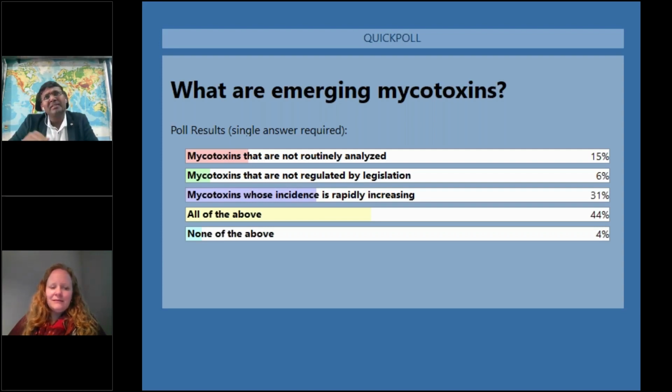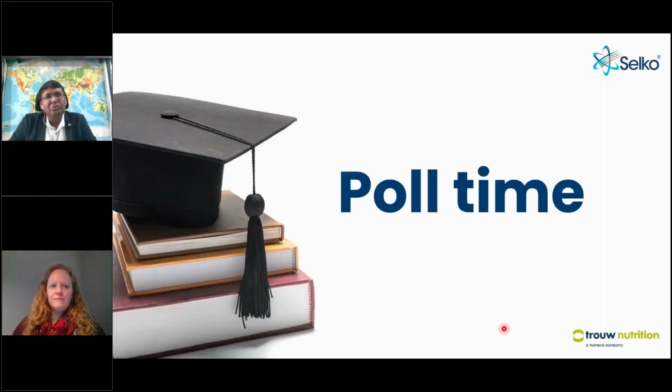I think it's less talked about in the rest of the world at the moment, but toxins like eniatins, sterigmatocystin, fusaric acid, mycophenolic acid, these kinds of emerging mycotoxins are becoming a major issue.